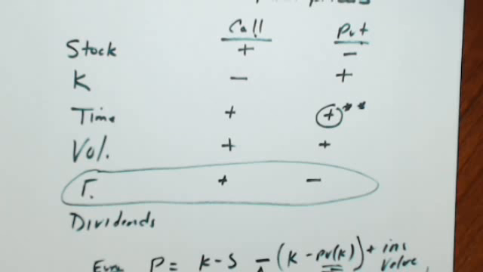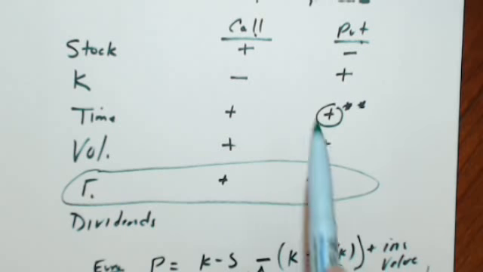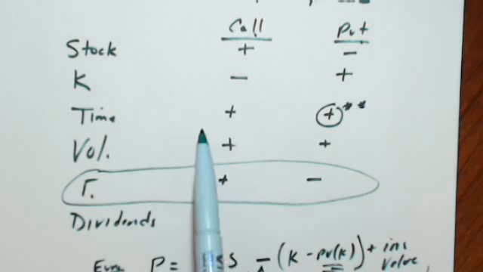But now think about this. In terms of the opportunity cost of money, which is R, what's it going to cost you more, to buy the call or to buy the stock? The stock itself. Well, you know that calls are usually really small. They could be worth a nickel on a $200 stock, or $5 on a $200 stock. So the call is usually worth much less than the stock.